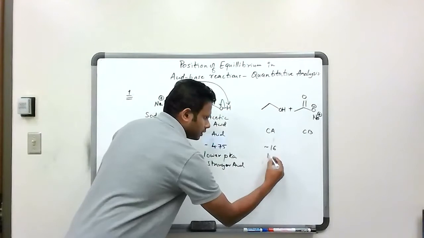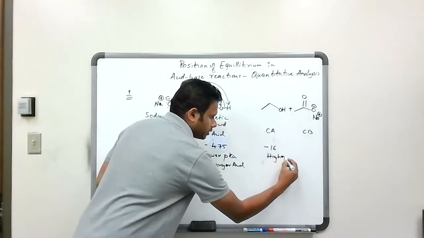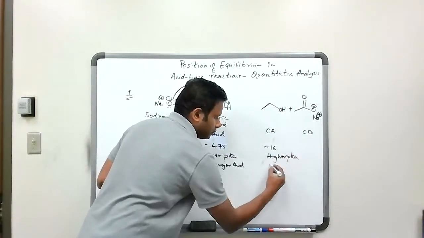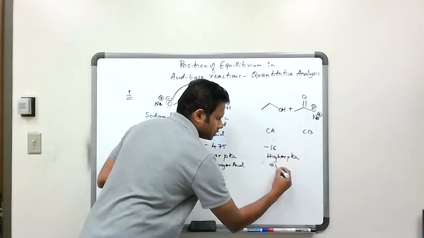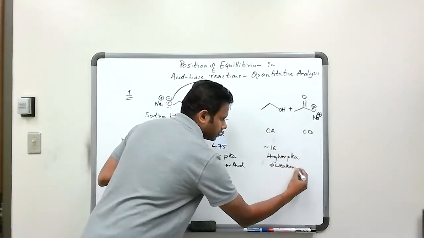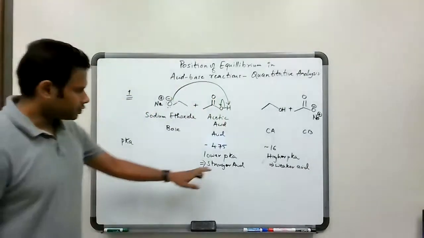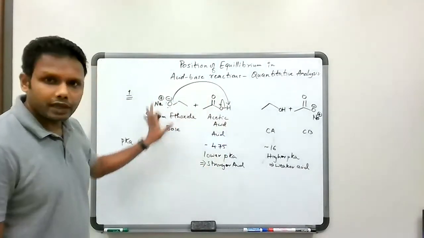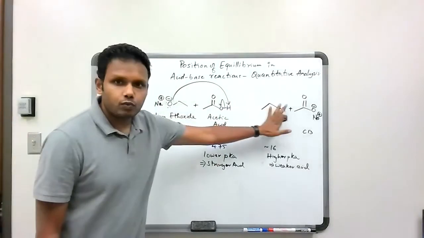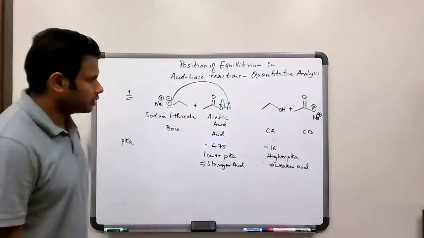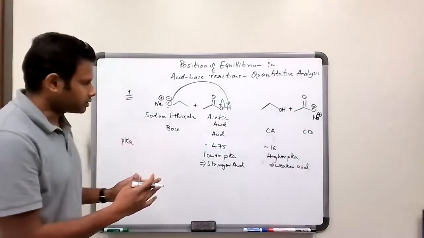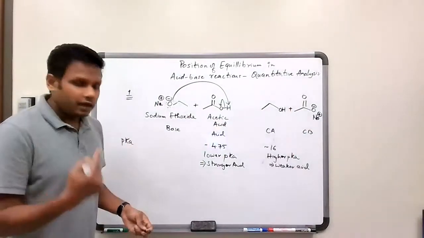This is a higher pKa, which means this is a weaker acid. Okay, so we have the stronger acid on our reactant side, and we have a weaker acid on the product side.